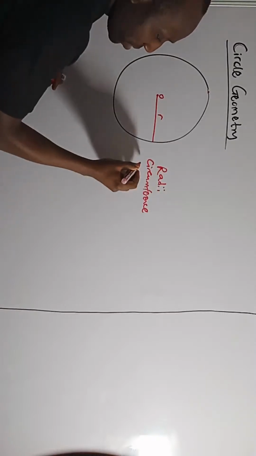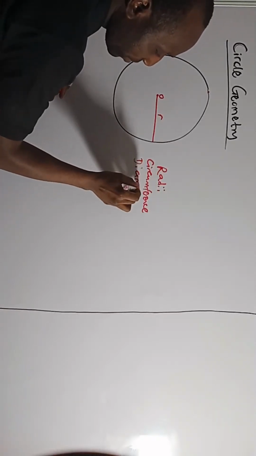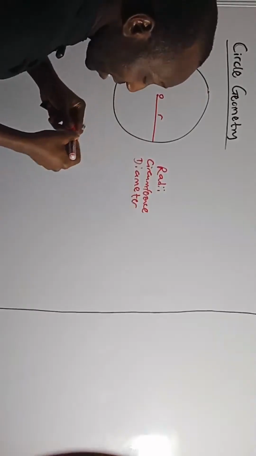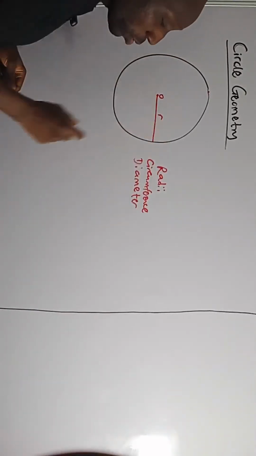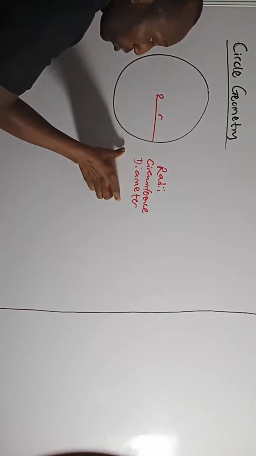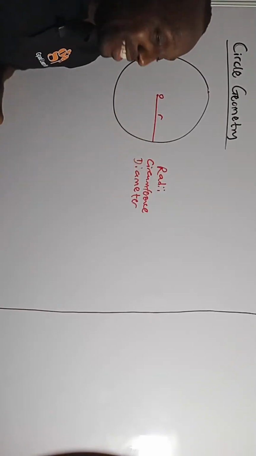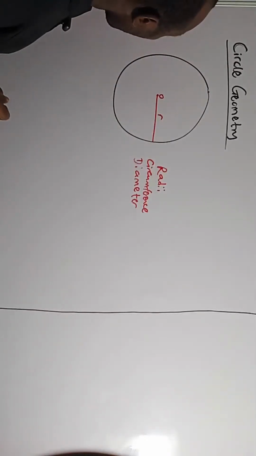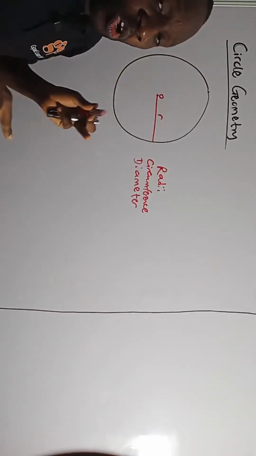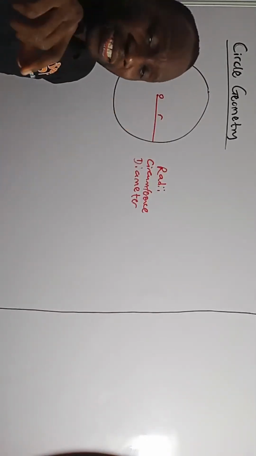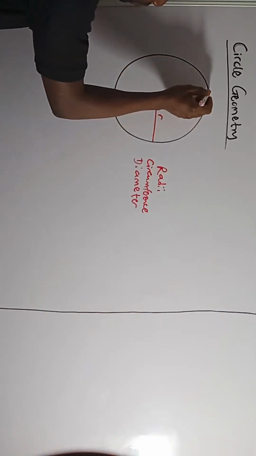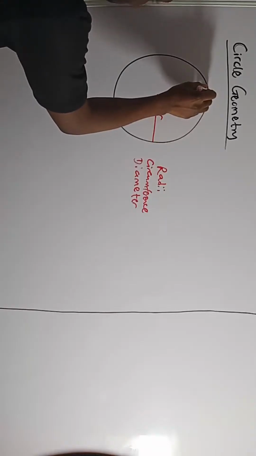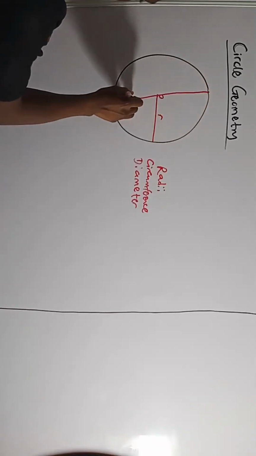Okay, now let's talk about diameter. What is a diameter? Just as I told you that a radius is a line drawn from the center to any point on the circumference, so also the diameter is a line drawn from one point on the circumference of a circle to another point, but it passes through the center of the circle. So look at what I have now. If I start from here and I draw a straight line, it must pass through the center of the circle.